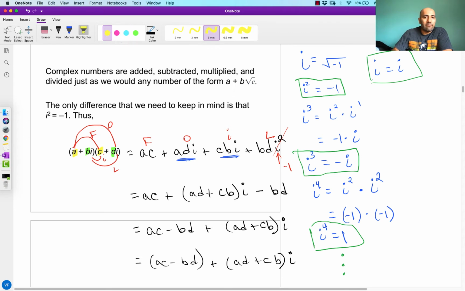Whatever this calculates to is going to be the real part of my complex number, and whatever this calculates to will be the imaginary part of my complex number, right? Real part plus imaginary part i. It'll fit the same form of a complex number.